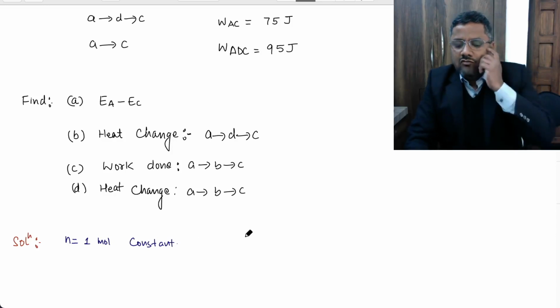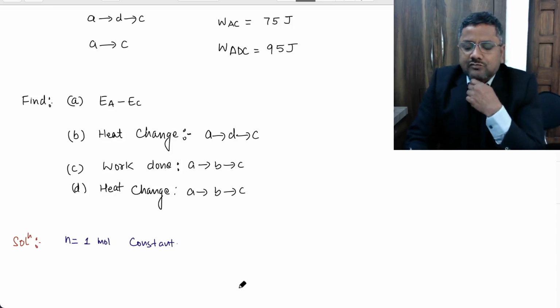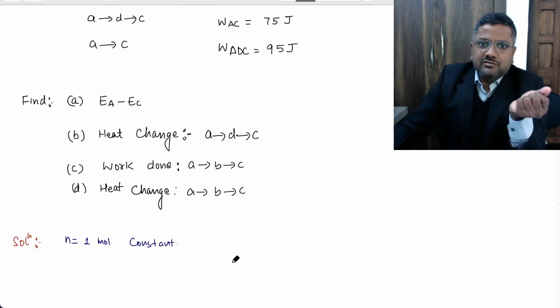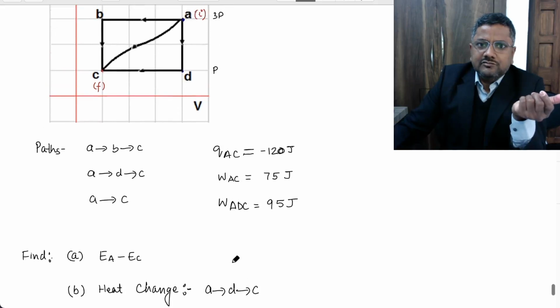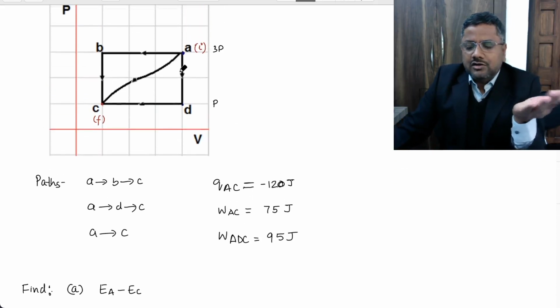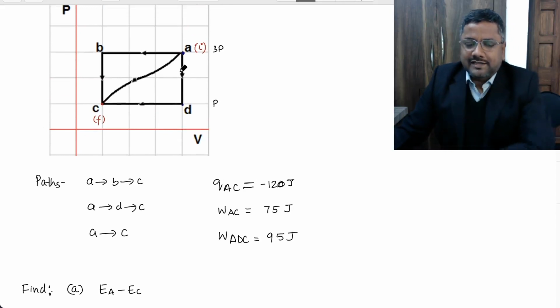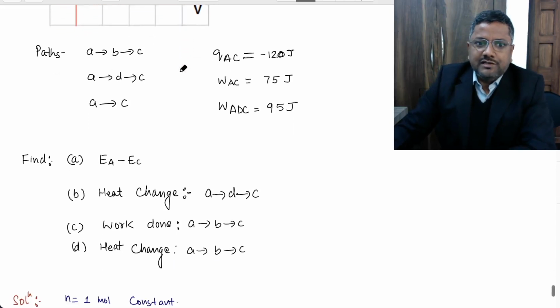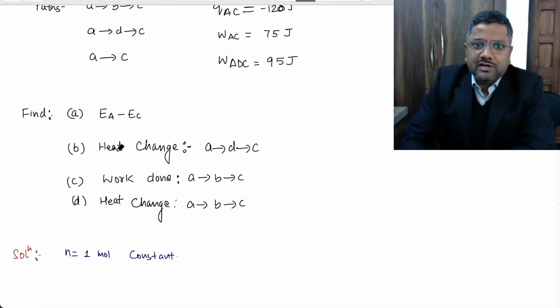What about temperature? Is the temperature constant? We cannot say whether the temperature is constant or not, so forget that. Now, first option, we have to calculate delta E AC.